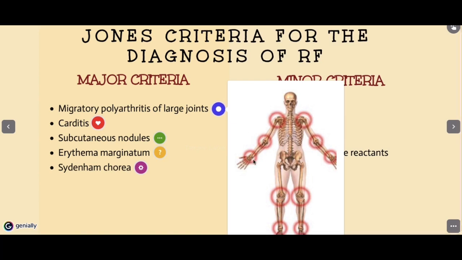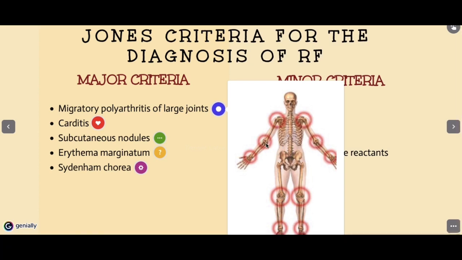Migratory polyarthritis means inflammation of multiple joints, okay? And this tends to affect the larger joints of the body, for example, knee joint, ankle, shoulders, elbow.